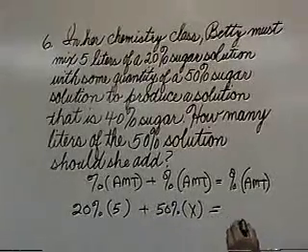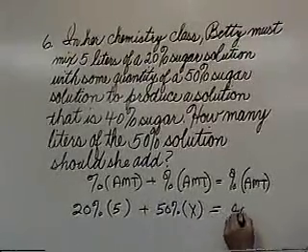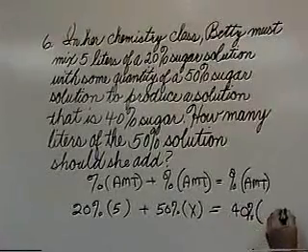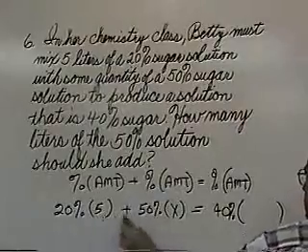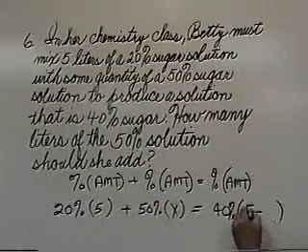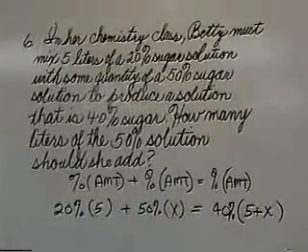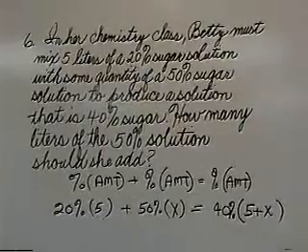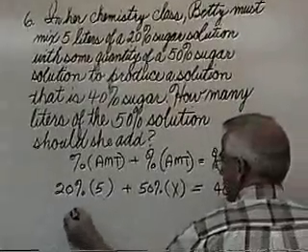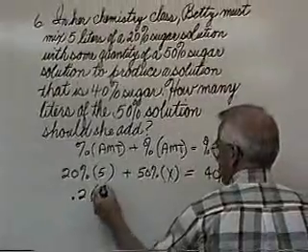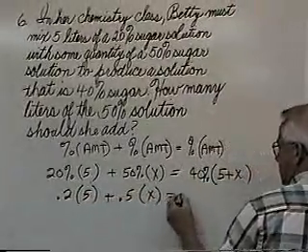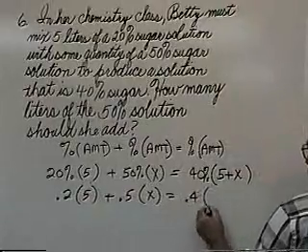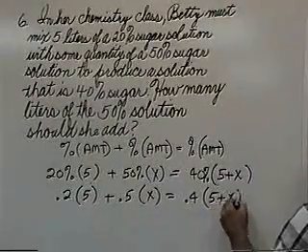And what she's going to get is a 40% solution. Now, 40% of what? Remember I told you, add these two together. So that would be 5 plus x. So what we have then is 0.2 times 5 plus 0.5 times x is equal to 0.4 times (5 plus x).